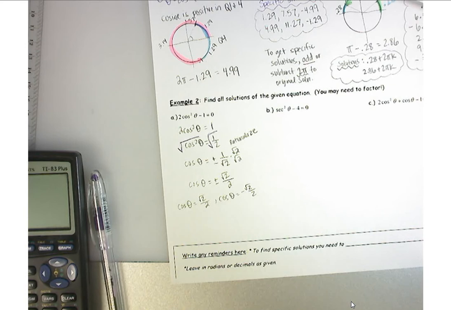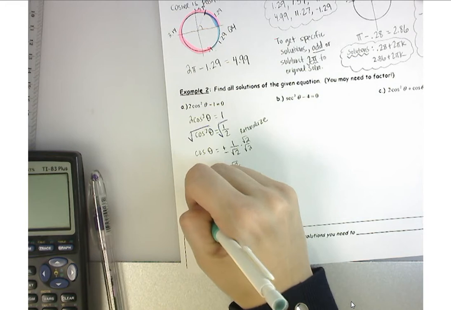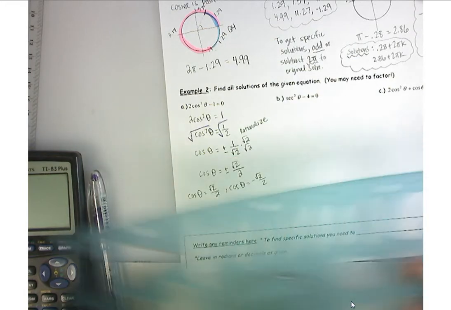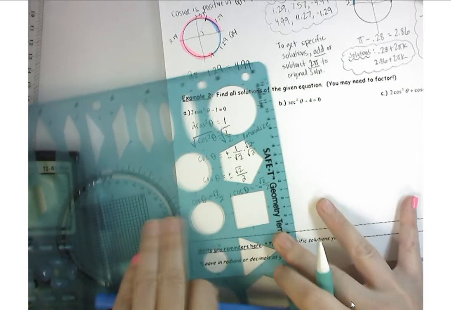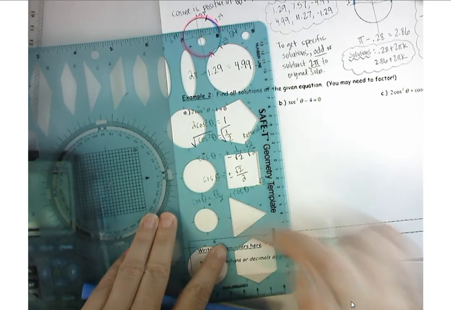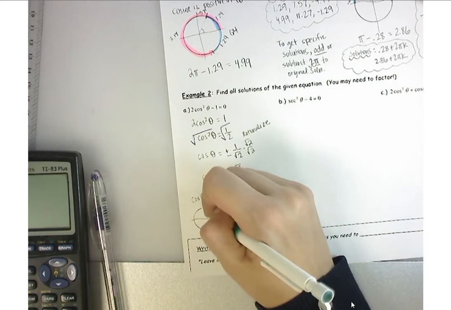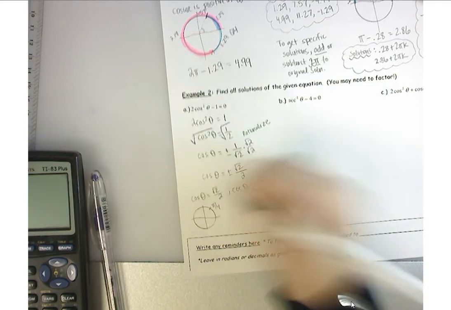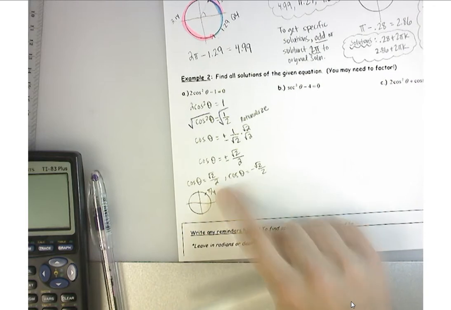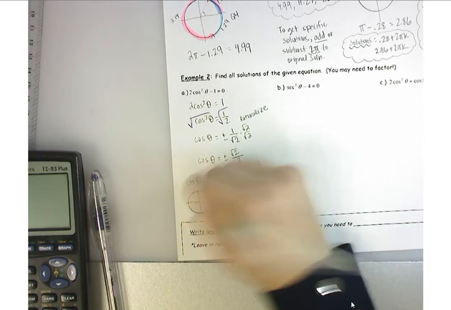So I have to find all of those possible answers. So when I think of positive root 2 over 2, we know that positive root 2 over 2 occurs at what value? Pi over 4. Okay? The other place where positive root 2 over 2 occurs is here at 7 pi over 4.